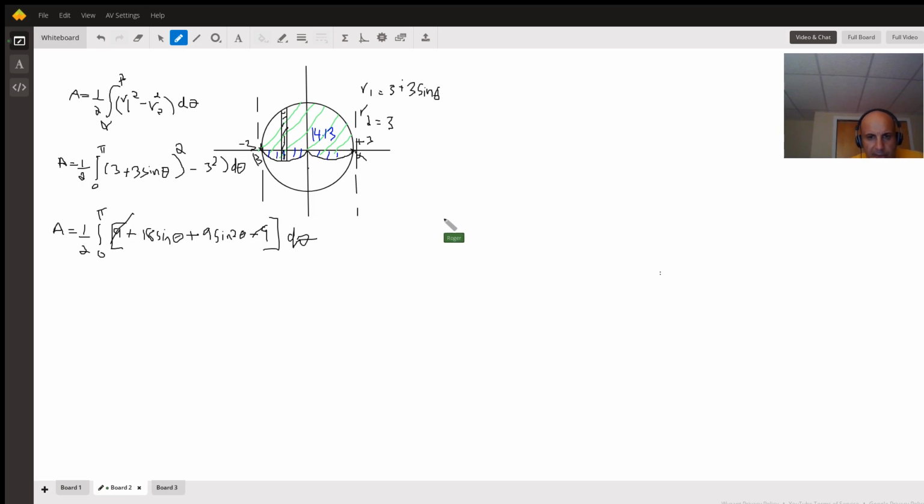So A is going to be 1/2 integral from 0 to pi of 18 sine theta plus 9 sine squared theta.